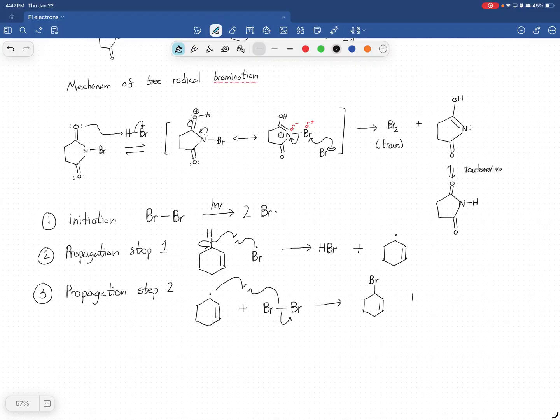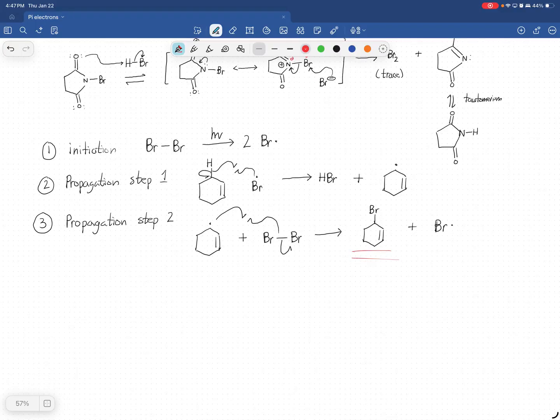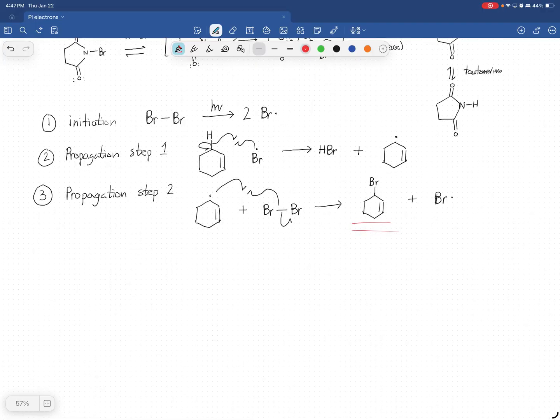Br plus Br radical. All right, so that's how this product forms. It's a radical type mechanism. So the steps should seem familiar to the radical reactions we've seen, but it's just a different take on the radical reactions.